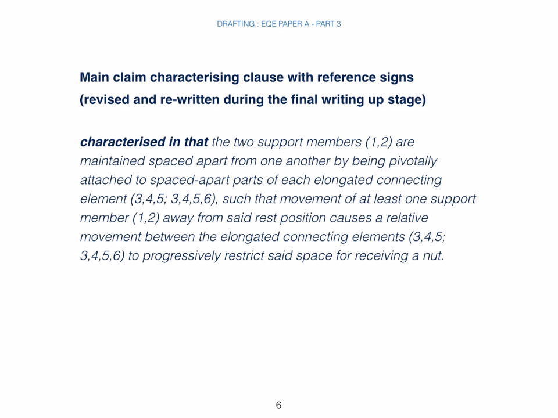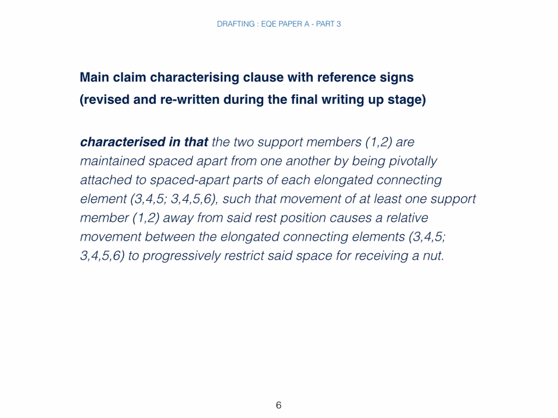Characterized in that the two support members 1, 2 are maintained spaced apart from one another by being pivotally attached to spaced apart parts of each elongated connecting element 345, 3456, such that movement of at least one support member 1, 2 away from said rest position causes a relative movement between the elongated connecting elements 345, 3456 to progressively restrict said space for receiving a nut. Now, it seems to me that that's an improvement.